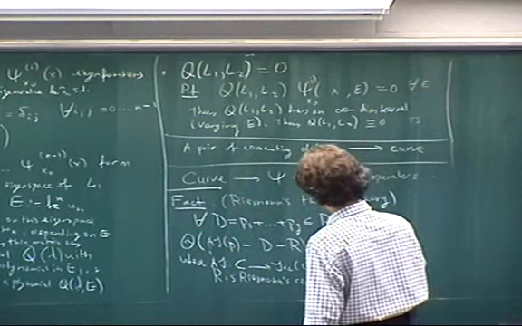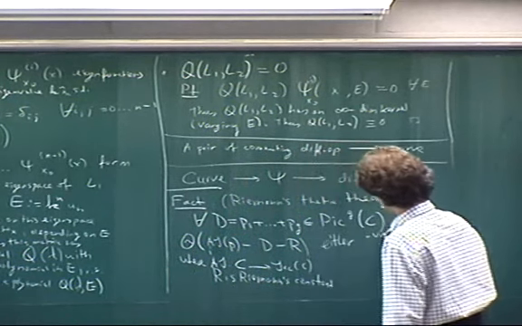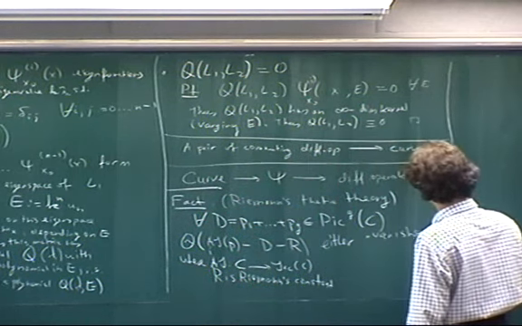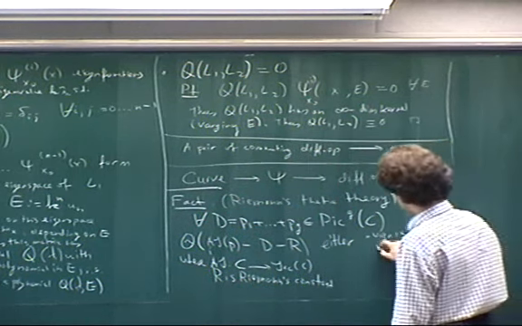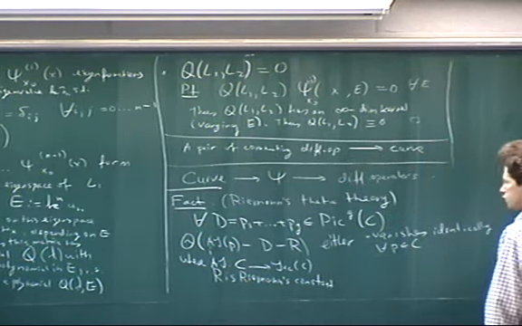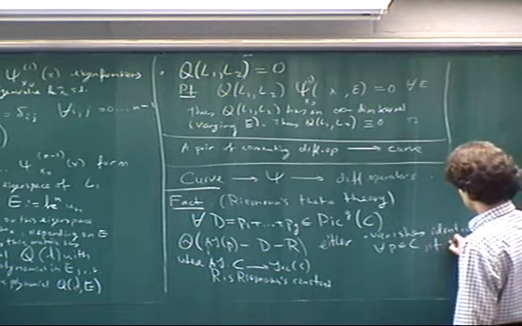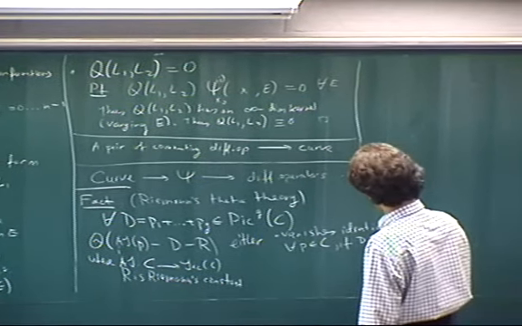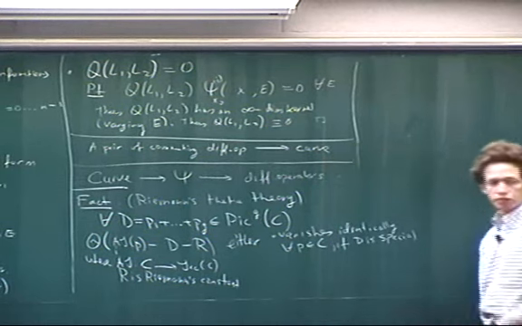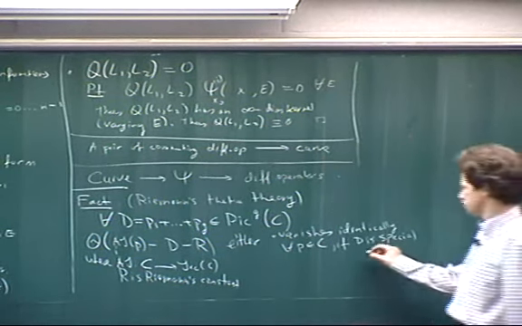Either vanishes identically as a function of the point on the curve if the divisor D is special. So this is to say that if h naught of D does not have the expected dimension 1 but has higher dimension.